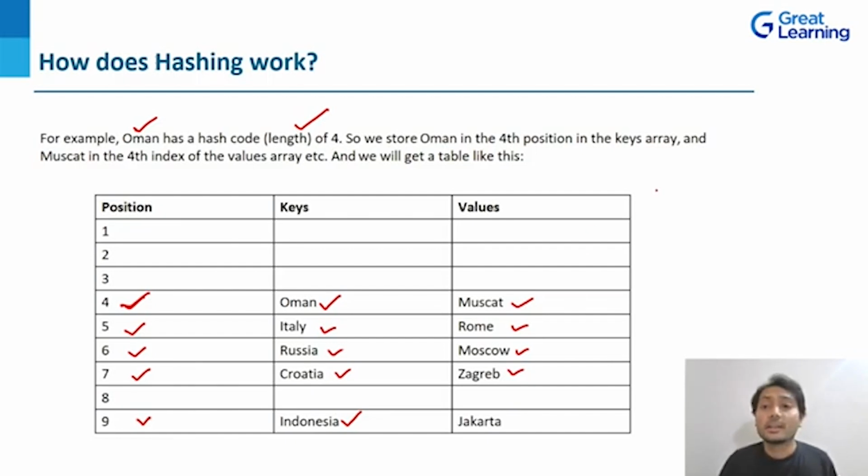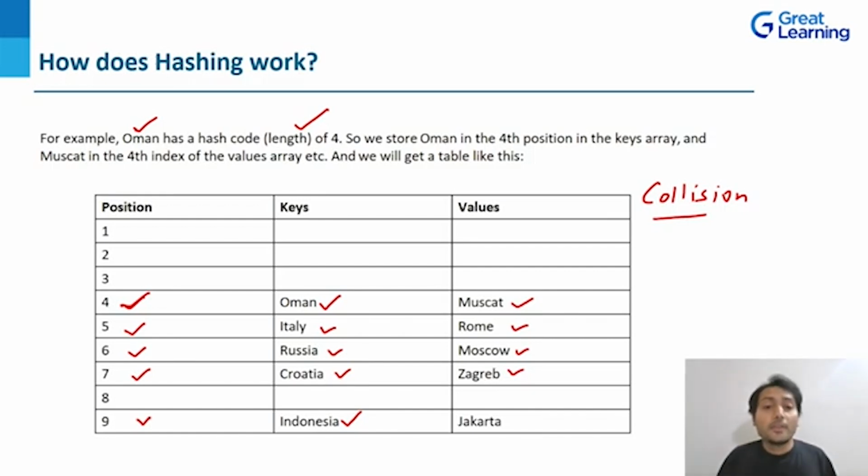A collision can take place, right? So suppose you have one more country with length 4. You should design your hashing function in such a way that it should take care of the collision as well. So this was a very simple example for you to understand. Like this, you can design the hashing function in such a way that it also takes care of the collisions which might happen in the future.